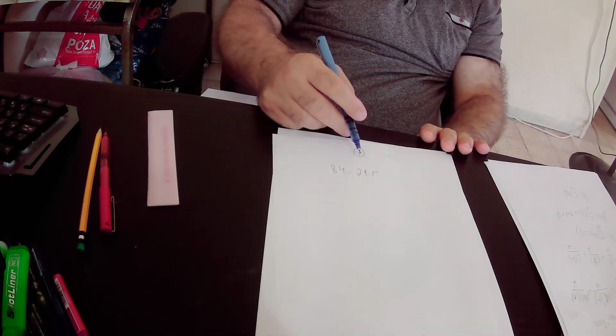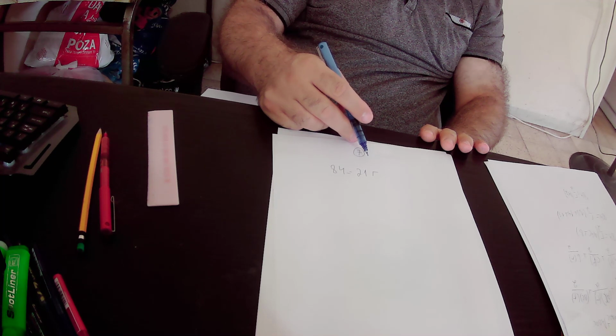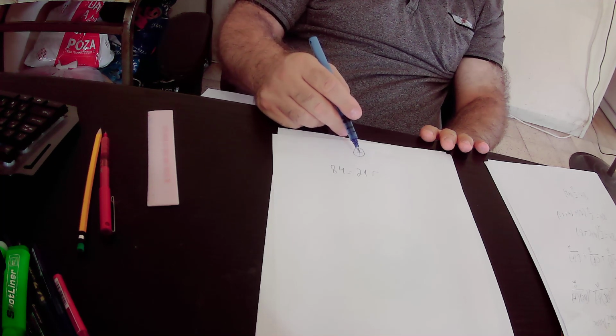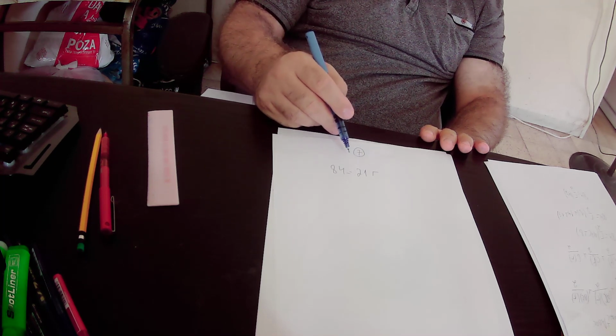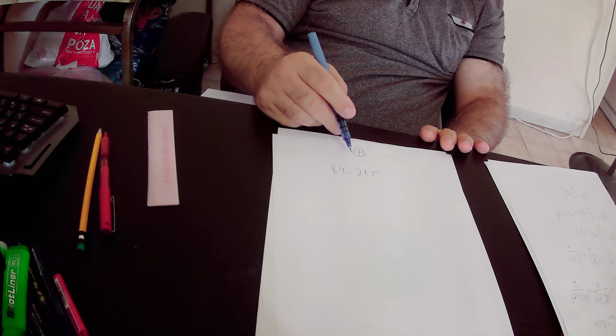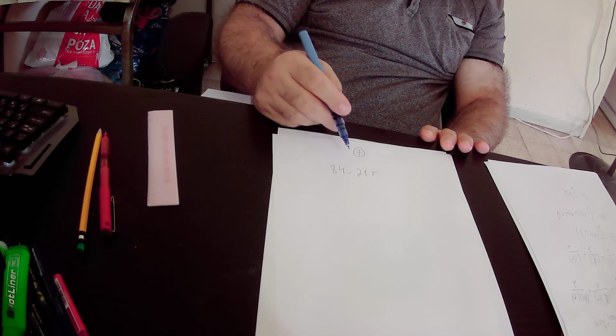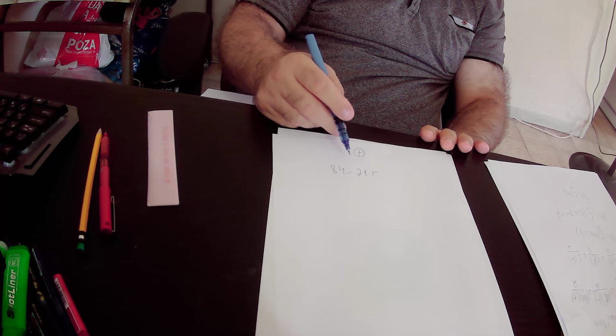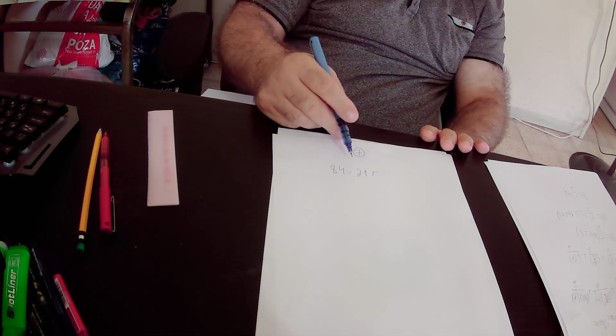$84 equals 21 times the radius of the green circle. Here we can divide this equality by 21 in order to get the value of the radius of the green circle.